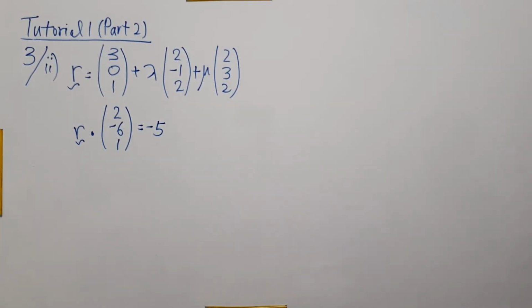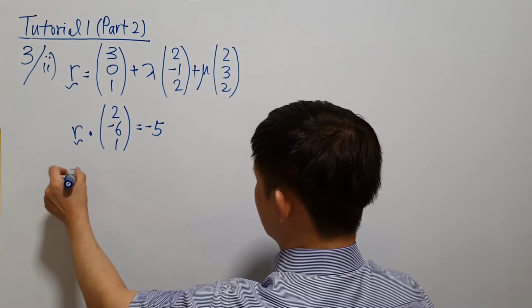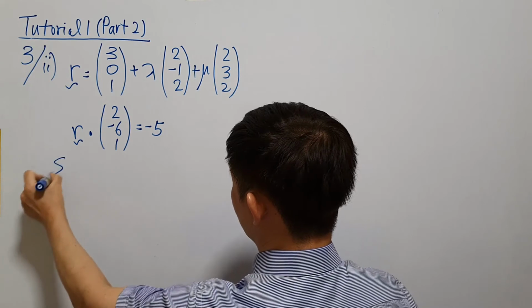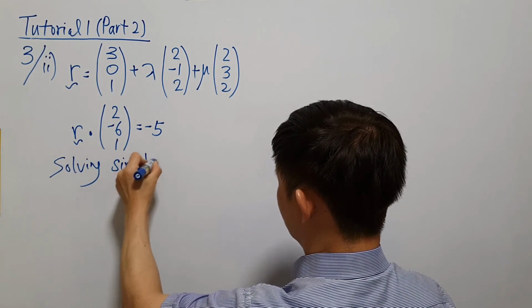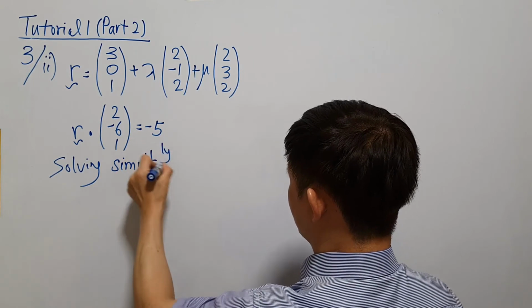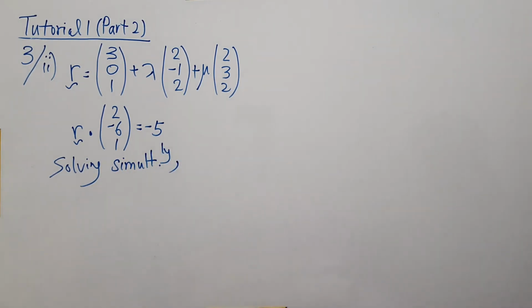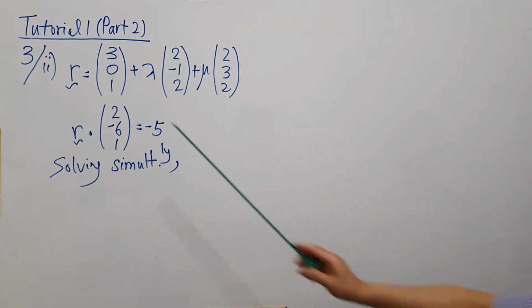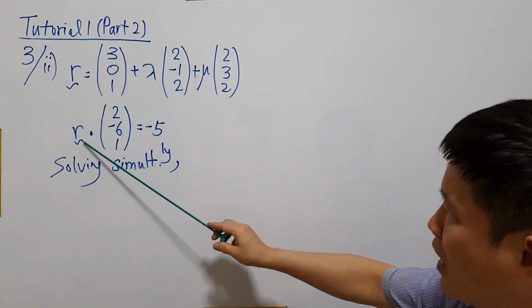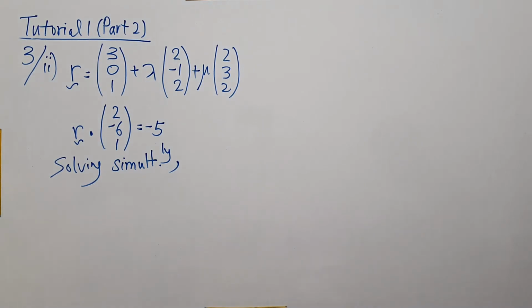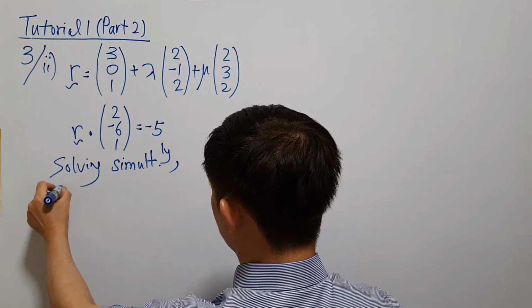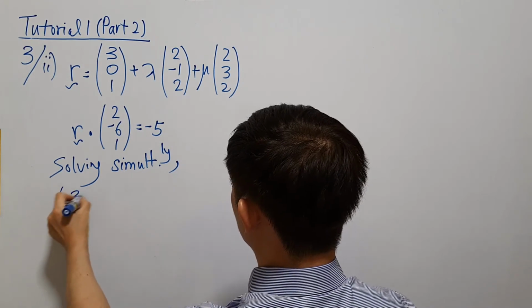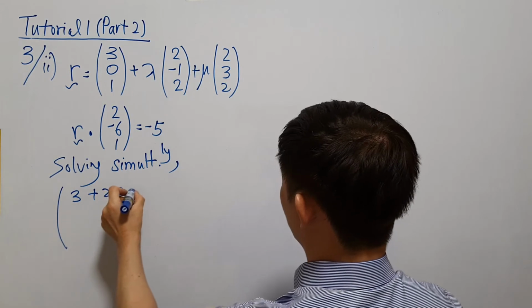To solve these two simultaneously, what I'm going to do is put this entire thing into the r here, and perform the dot product. I know it's quite a fair bit to do, but we're going to do it anyway.